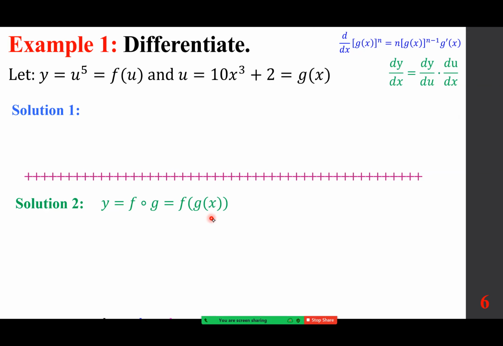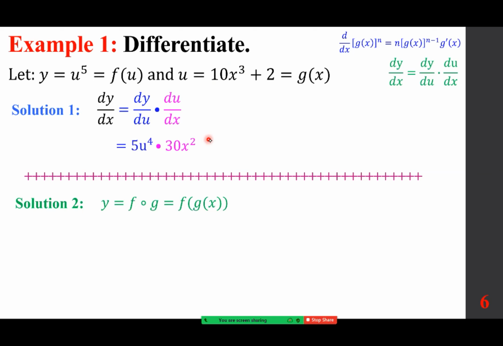dy dx is dy du times du dx. So what is dy du? We look at this function. When we want to take the derivative of y with respect to u, it is simply 5 u to the power of 4. Very straightforward. What is du dx? That means differentiate this, which is simply 10 times 3, 30x squared.